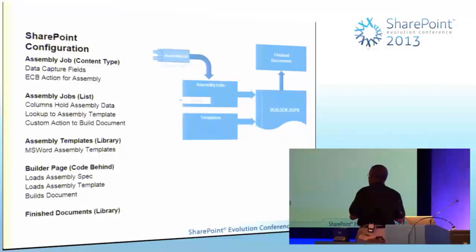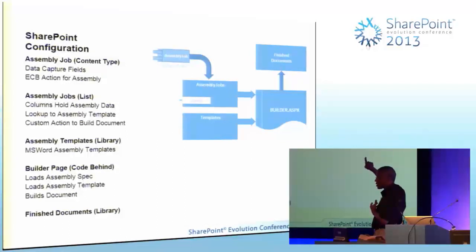And the final piece would be, if you're going to have a schema, decouple the schema by putting columns on the assembly job list that hold the data that you're going to merge into your assembly run. That's how I would structure a SharePoint-based document assembly system, okay?